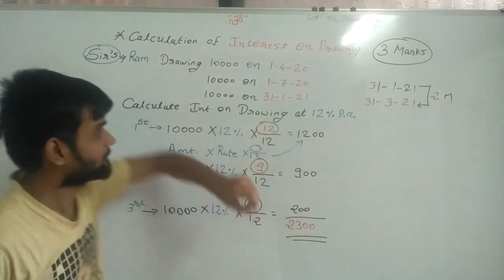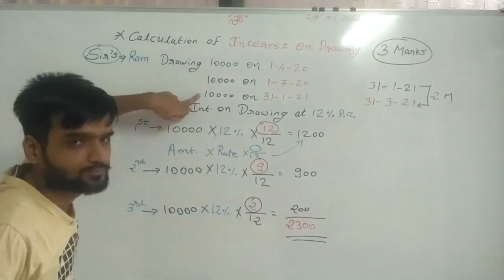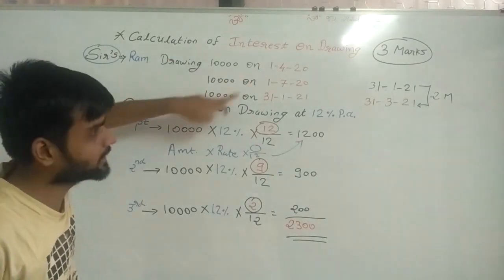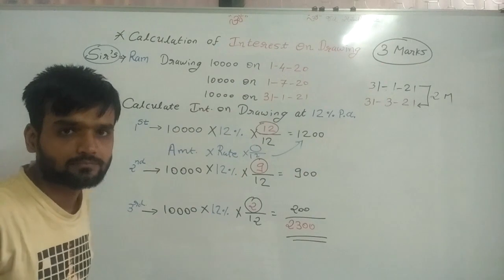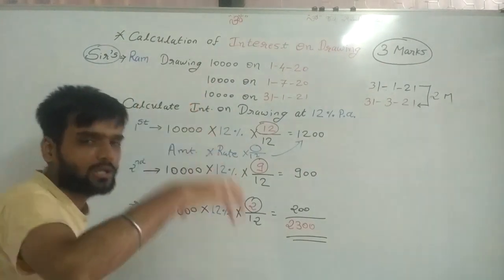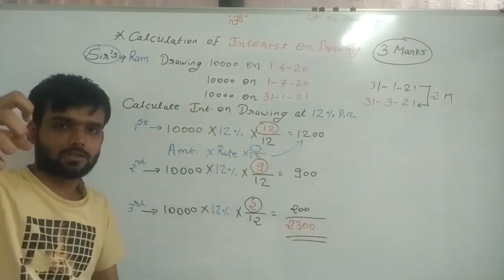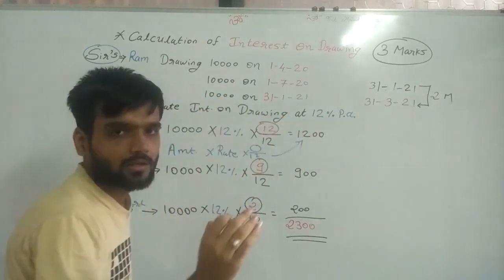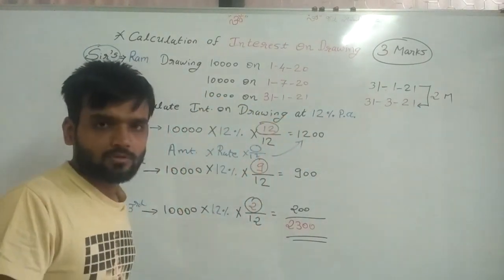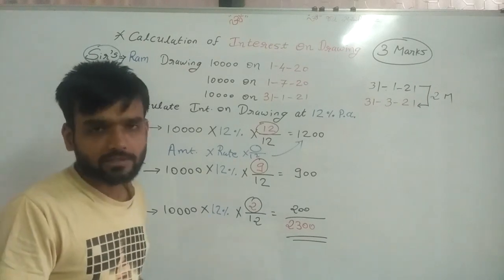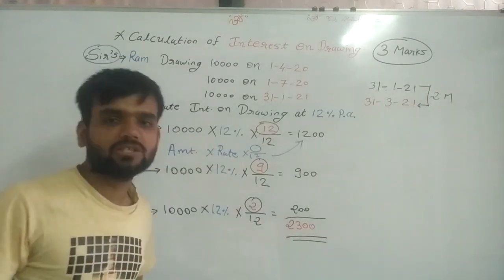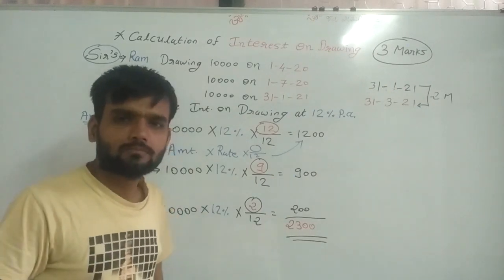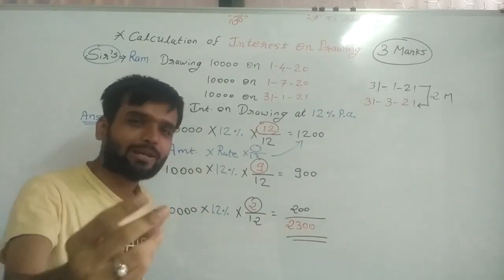Now, how and when? Check the conditions. If the person withdraws 10,000 rupees each time, the same amount, only the dates are changing, and the interest rate is the same. Generally the interest rate cannot be changed during the year, but to make a sum, Kamal sir can make any sum.